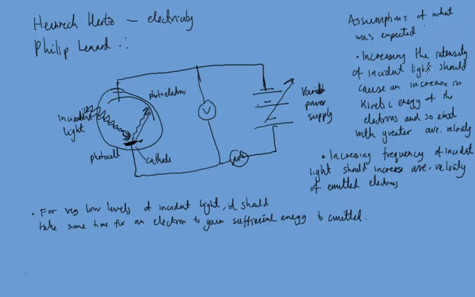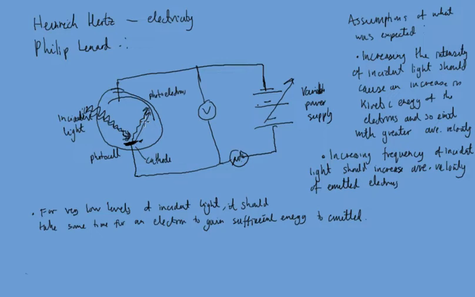So therefore, it seemed very plausible that if you shine a greater intensity of light, you're giving more energy to the electrons, and you're going to give them more kinetic energy. They already understood that a greater frequency of light would mean more energy. So by increasing the frequency of the light, these electrons would be quicker. They'd have more velocity, because you're increasing the kinetic energy. That made sense to them.